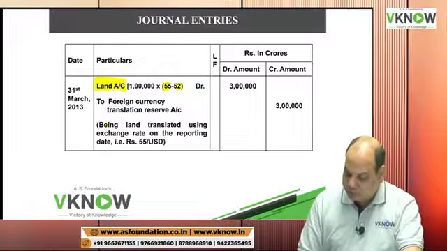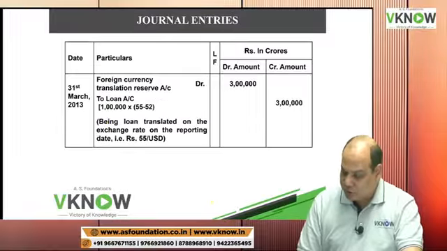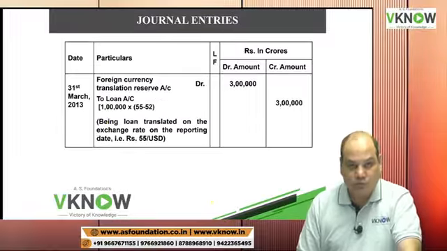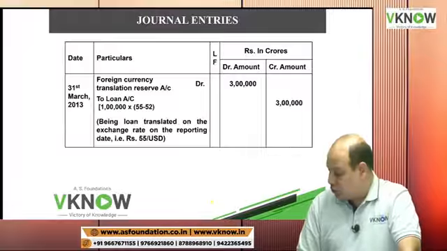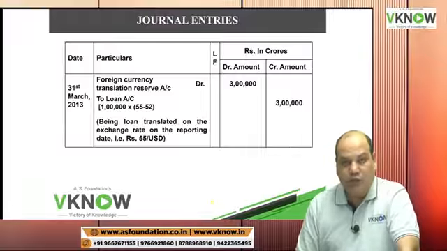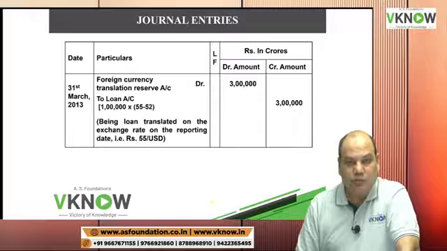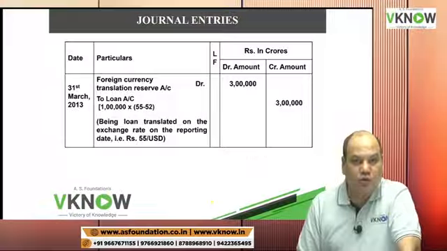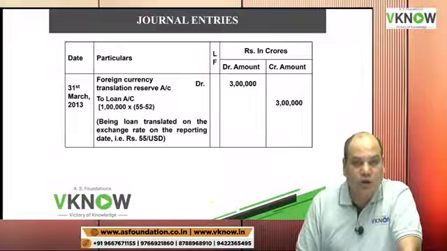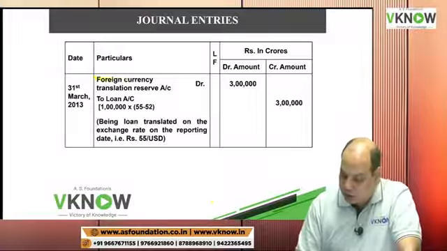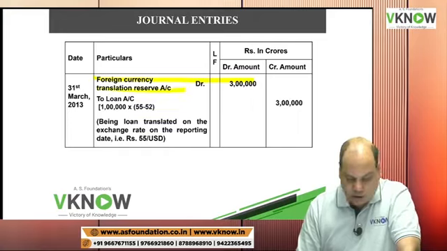Narration homework, same narration, and now there is a loan also. Even the loan will be revalued, and in case of loan also, because it is NIFO, all exchange difference we will accumulate in FCTR.